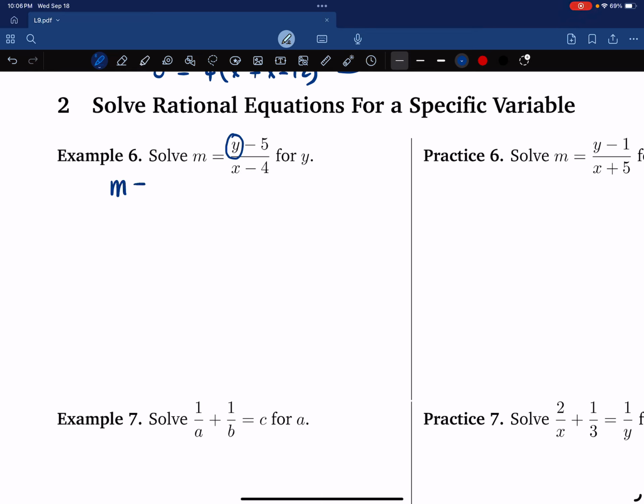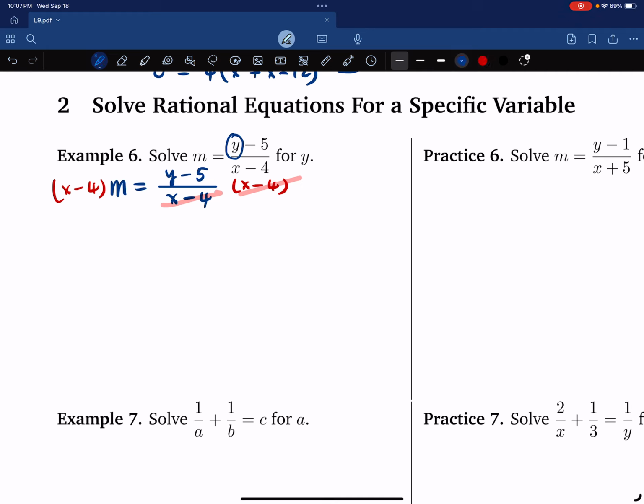Let me copy the equation first. I'm going to multiply both sides by the denominator x minus 4. The reason why I do that is because by doing that, I can cross out the denominator with the x minus 4 on the right-hand side. And that will give you a much easier equation to look at.